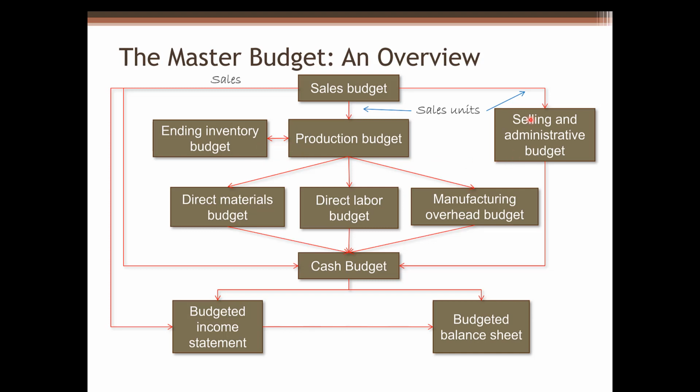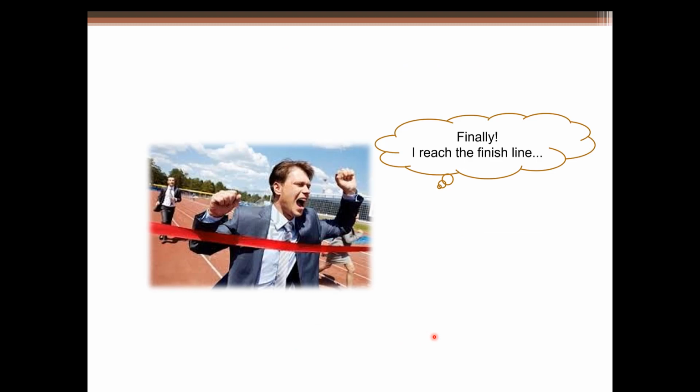After that, we prepare selling and administrative budget. Based on cash receipt and cash disbursements from all above budgets, we can prepare the cash budget. And finally, we complete budgeted income statement and budgeted balance sheet. This is a long chapter, and finally, we finished.